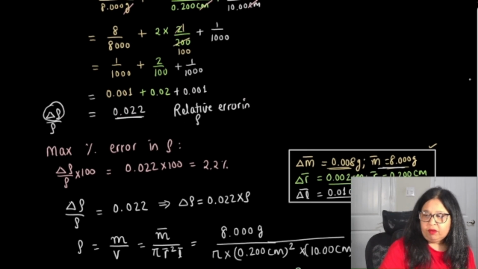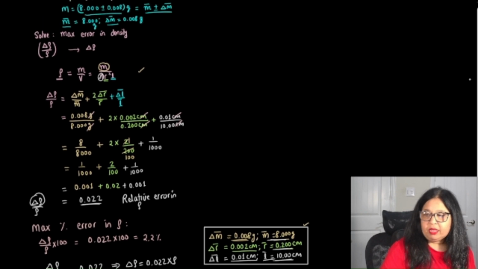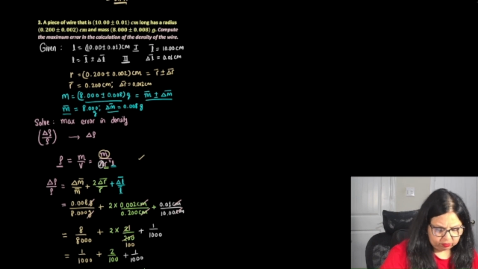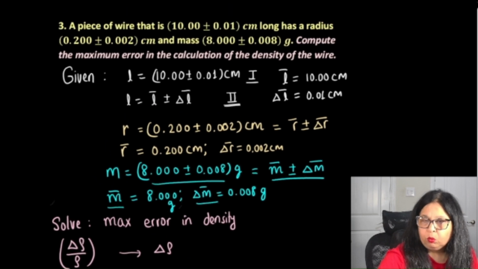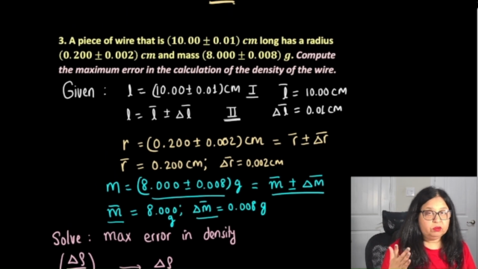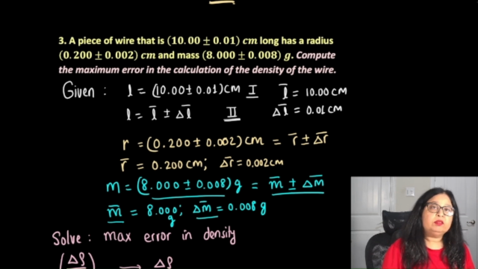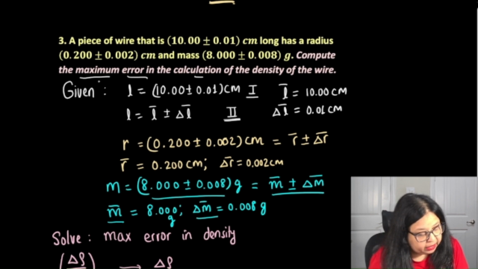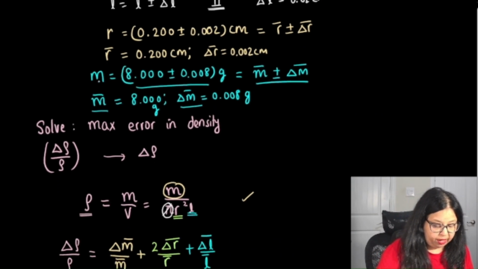Okay, so we have solved pretty much everything we could solve for this problem. Problem number 3. We started out with values of the mass, the length, and the radius of a wire, and we know that the wire is in the form of a cylinder. From there, we were asked to compute the maximum error in the calculation of the density of the wire.